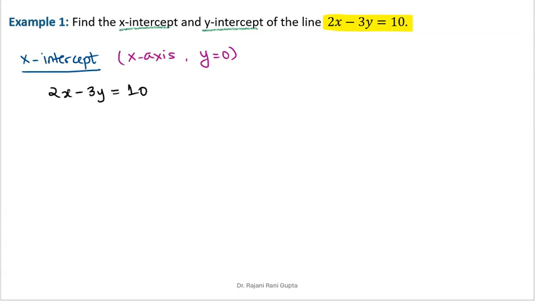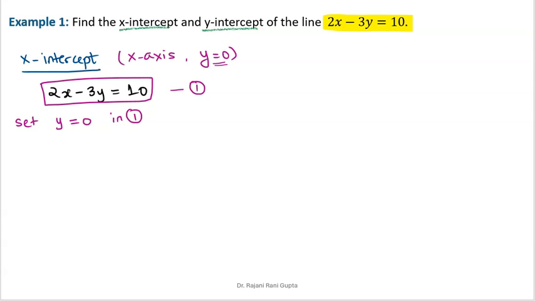So to find the x-intercept, what we will do? Set y equal to 0, or you can substitute y equal to 0 in this equation of line. Let this be equation number 1. Set y equal to 0 in the given equation of line.